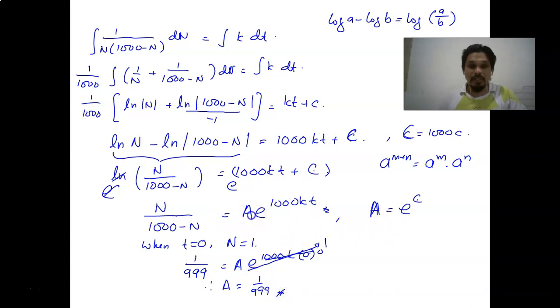So substitute A, the value here, then n divided by 1000 minus n equal to 1 divided by 999 e power of 1000 kt.